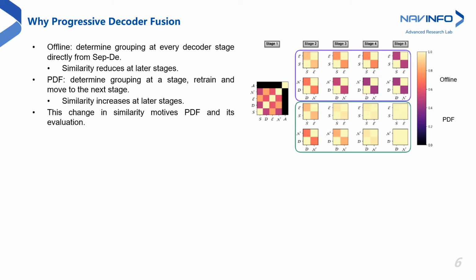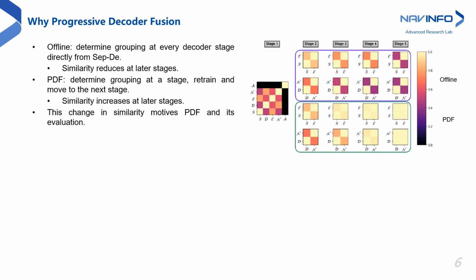In the top row, we present the similarity of these task groups determined offline at all stages by using SEPDE. This method does not consider the effect of grouping these tasks in previous decoder stages, as these tasks remain ungrouped in SEPDE. We see that the similarity reduces in later stages, likely because the task representations diverge.